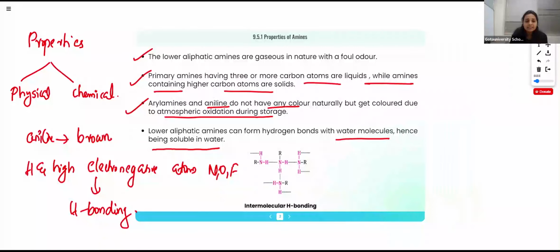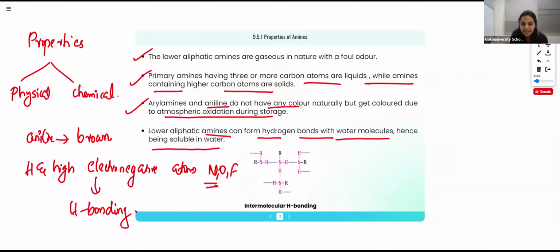In amines, there is a nitrogen atom, we know. So lower aliphatic amines can form hydrogen bonds with water molecules, hence being soluble in water. That is important; that's why they are commonly soluble in water.